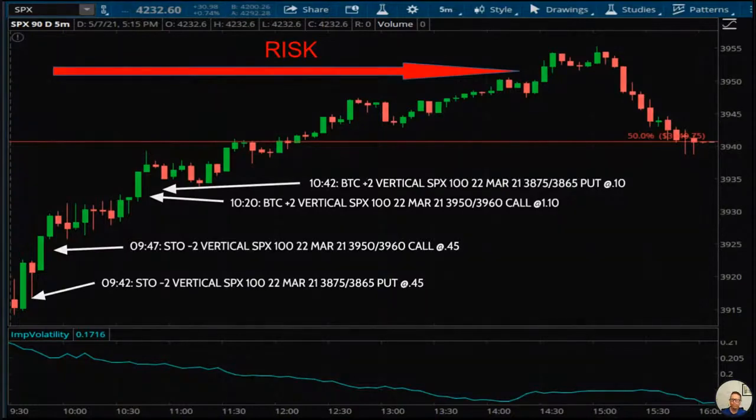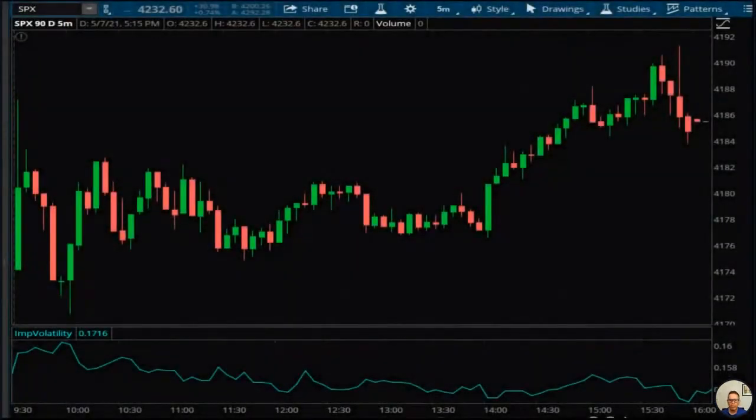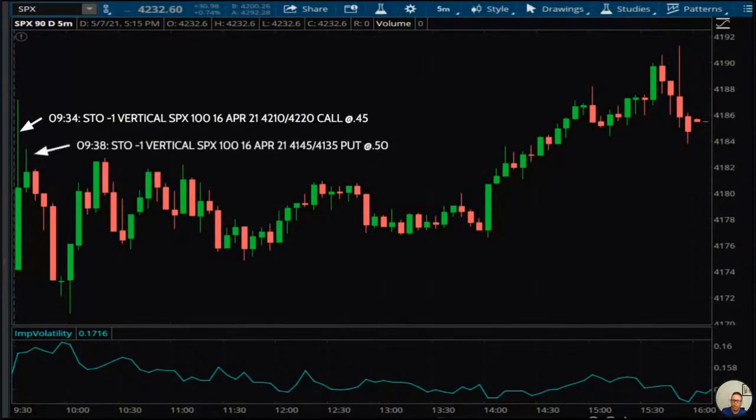So be careful. All right, and this is the final trade, I believe, that I have. Okay, so in this trade, I put on a call spread first, and then second, I put on a put spread, right around the same time, at 9:34 and then 9:38.